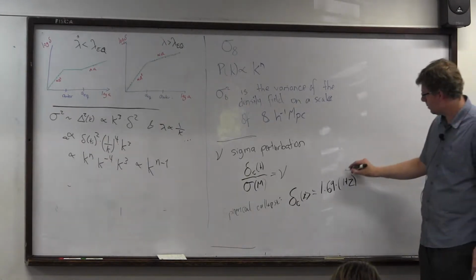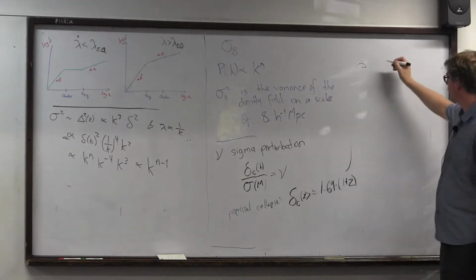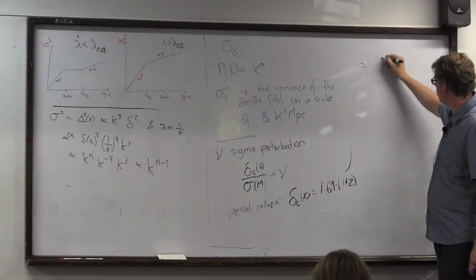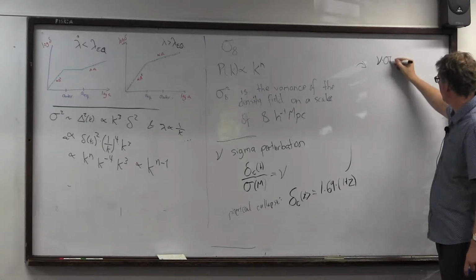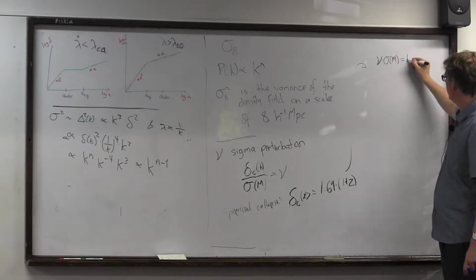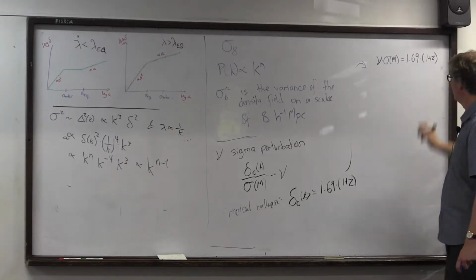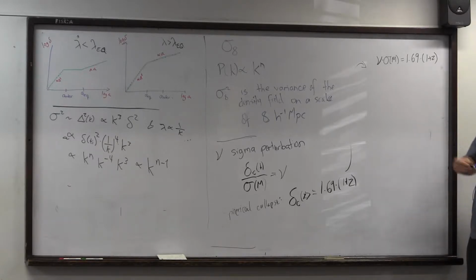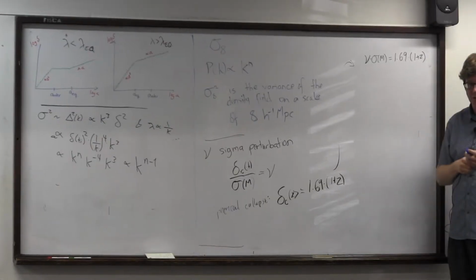So this means that our nu version typically says that nu times sigma of m is equal to 1.69 times 1 plus z. So that's what a nu sigma perturbation means. It means something that satisfies this kind of relationship.